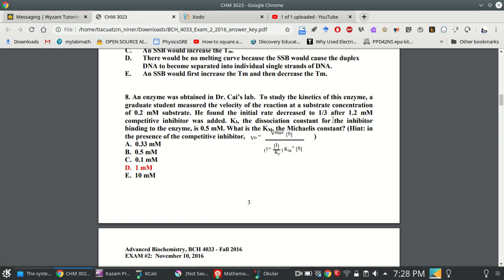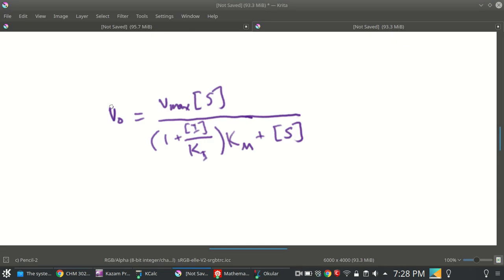Okay, so the initial rate decreased to 1/3. Now, they don't tell me what this is, and they don't tell me what this was. It just decreased to 1/3. So the new initial rate is like 2/3 less than. In other words, it's just 1/3 of the original initial rate. So what does that mean?